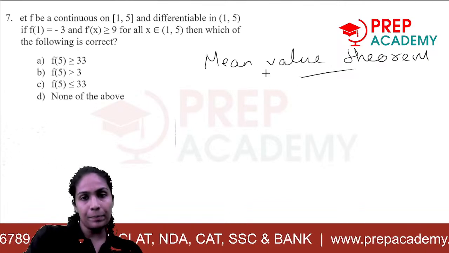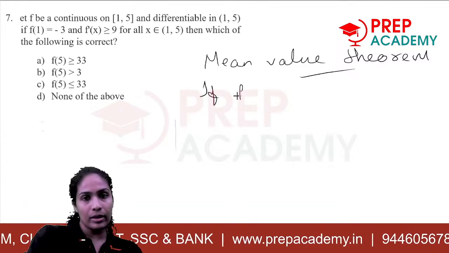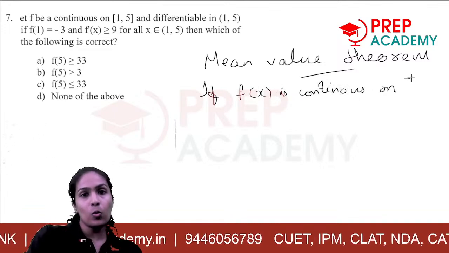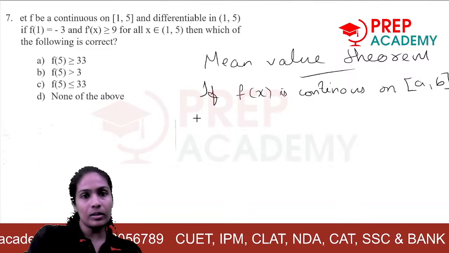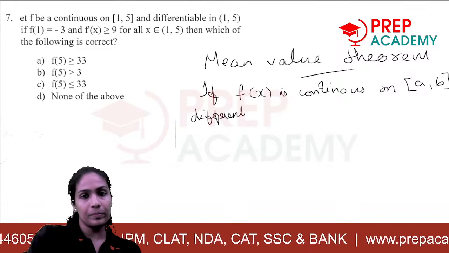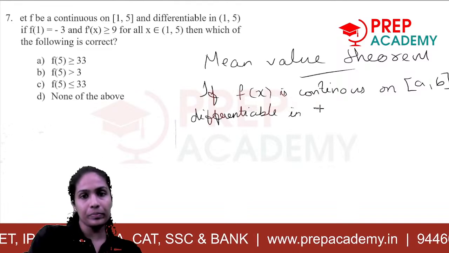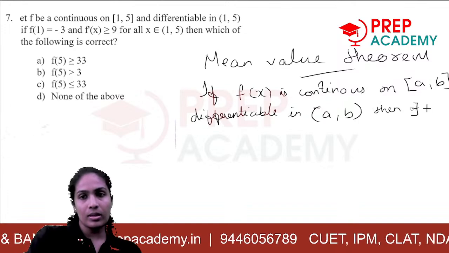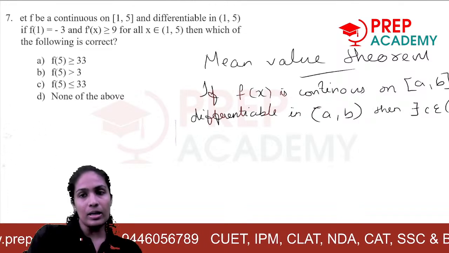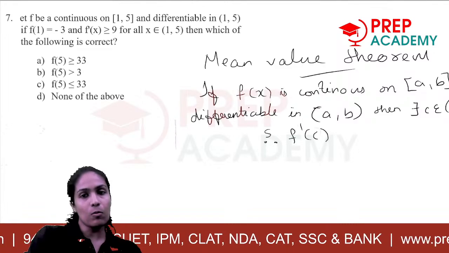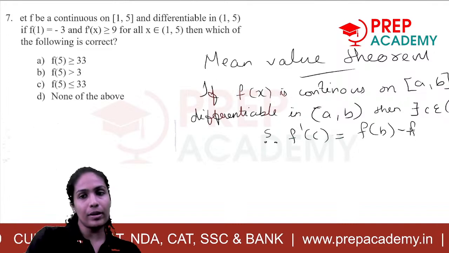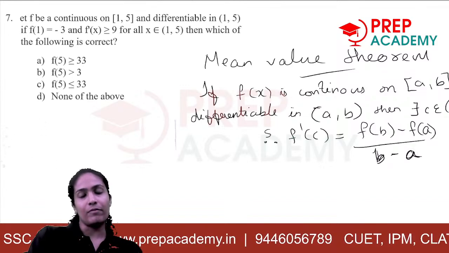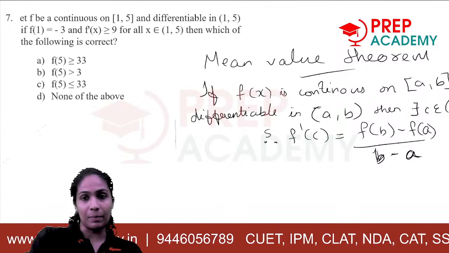Mean value theorem says that if f of x is continuous on the closed interval a, b and differentiable in the open interval a, b, then there exists c in the open interval a, b such that f dash of c is equal to f of b minus f of a by b minus a.